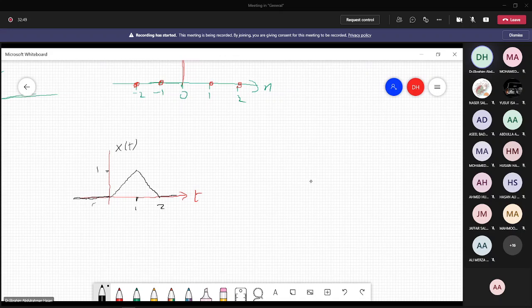If you look here, the slope of this line is 0, then it changes to another slope. So for sure we need one ramp here. At this point we have one line with a slope changing to another line with a different slope, so again we need a ramp here.